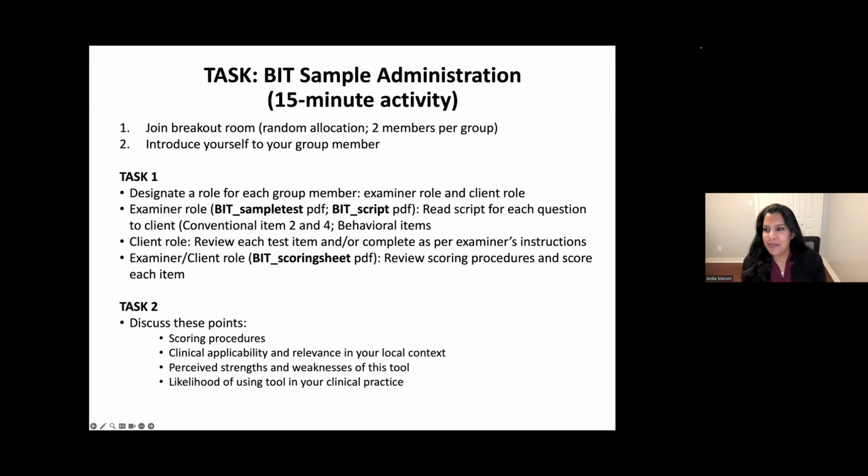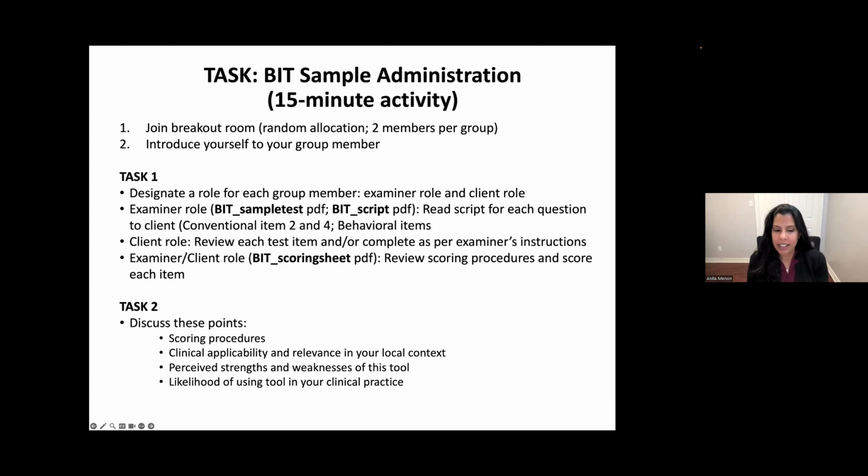Great. So welcome back, everyone. I hope you had the opportunity to review the sample test and were able to access the PDF along with the script, to get a sense of the script to be used when administering the tool, and then maybe moved on to looking at how to score the items in your sample test.